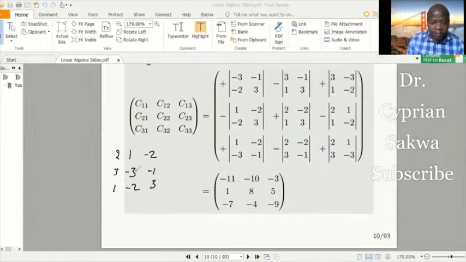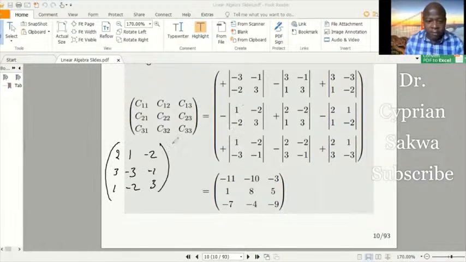So we want to get the cofactor matrix. We go for this first element here. And remember the signs will alternate: positive, negative, positive, negative, positive, negative, positive, negative, positive. We already talked about that.